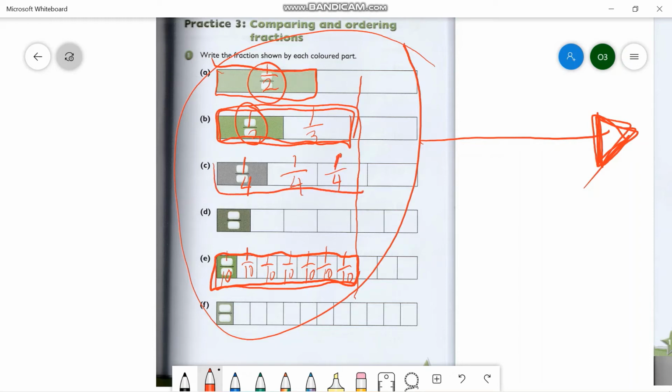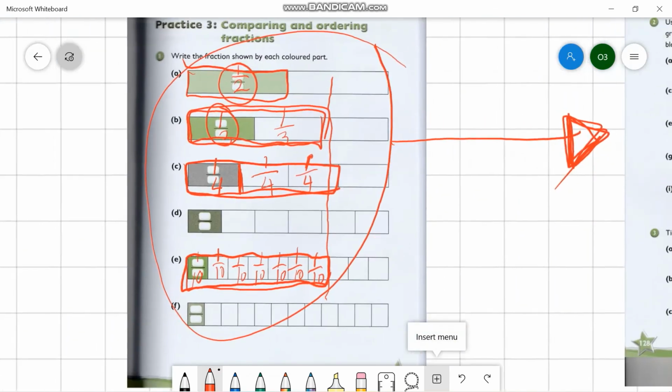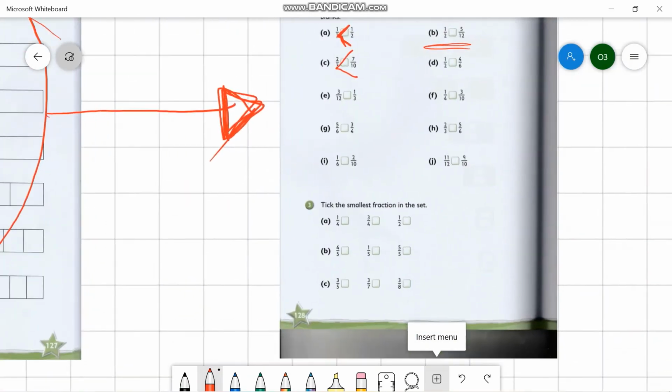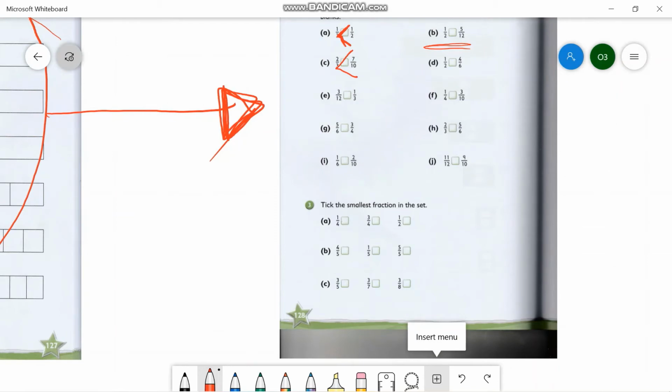So which is smallest? It is, of course, 1/4. The smallest is 1/4, so just tick. Okay, then answer letter B and letter C.